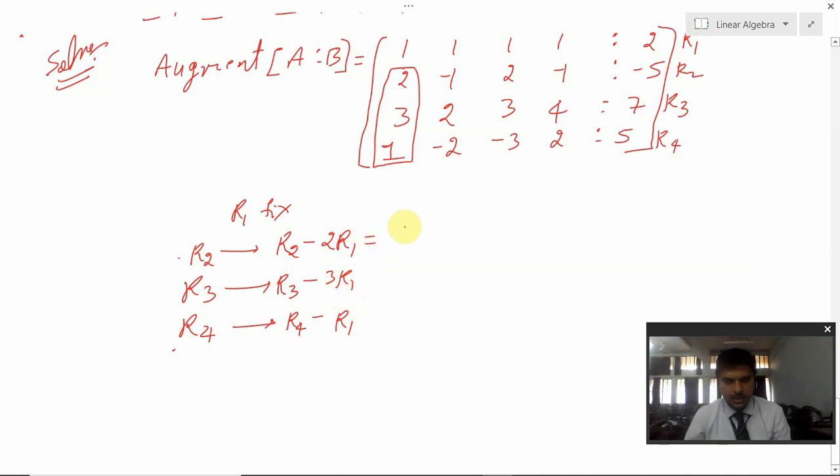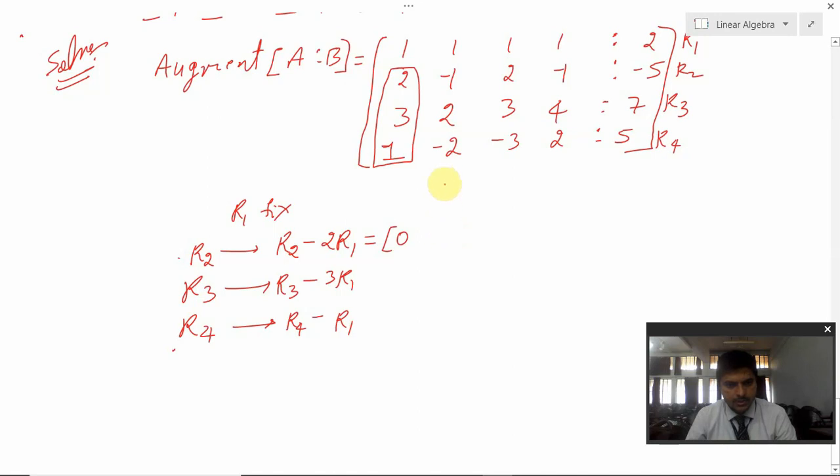R2, take the values, subtract the value R2 minus 2R1. So 2 into 2, easily you can get this is 0. Then 2 into 1 is 2. Then this is subtracted with minus 2, minus 2, minus into minus plus.